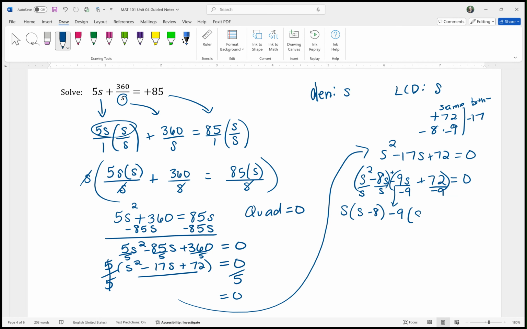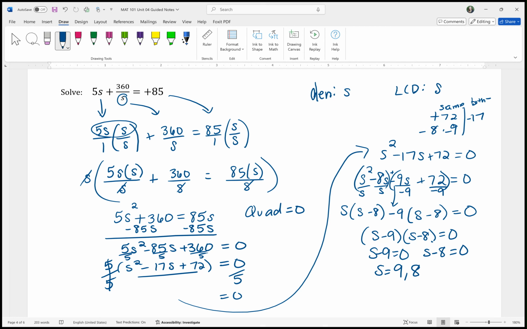So this is going to be S minus 8 equals 0. This will give us S minus 9 and S minus 8 equals 0. And then we're setting each one of those equal to 0 to solve. S minus 9 equals 0. S minus 8 equals 0. S equals add 9, you get 9. Add 8, you get 8.